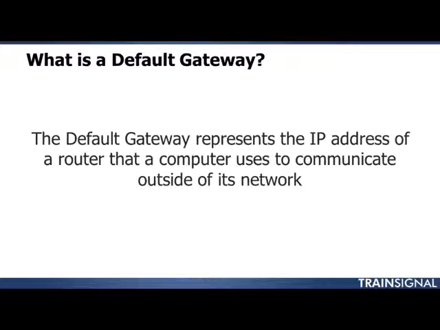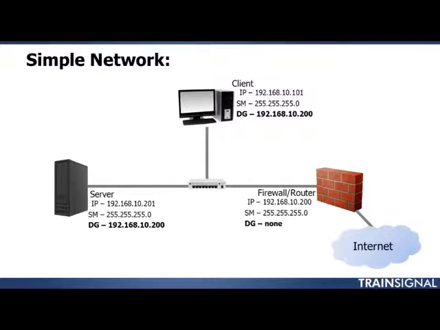Okay? That's really the only difference between a default gateway and a router. It's very subtle. So if we go back to our simple network, the default gateway is nothing more than an IP address which points you to the router. Okay? It's the IP address of the router.